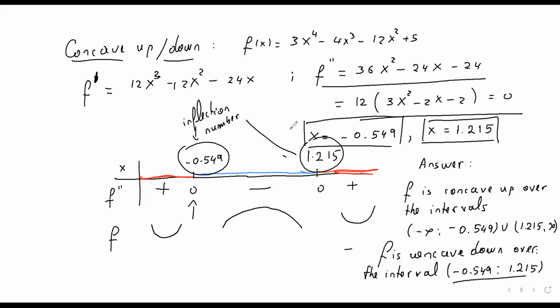Likewise here, so this is also called an inflection number. So these are the two inflection numbers. Now, some people identify these with the zeros of the second derivative. They're not exactly the same, but in most cases, those will be the inflection numbers. So again, an inflection point is where the curve changes from going up to going down and the other way around.